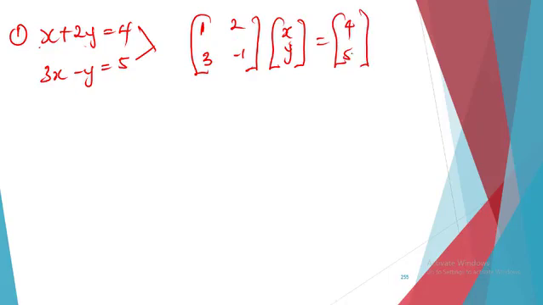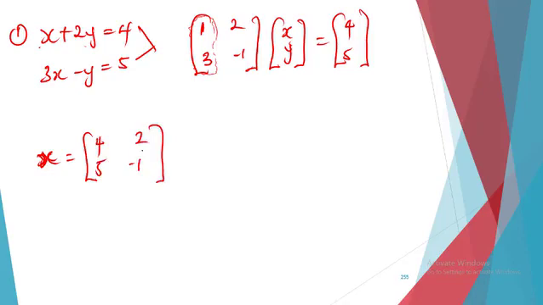So, having formed this, now to get the value of x, I said you should replace the first column by the numbers on the right hand side. So we then have 4, 5, 2 and minus 1.